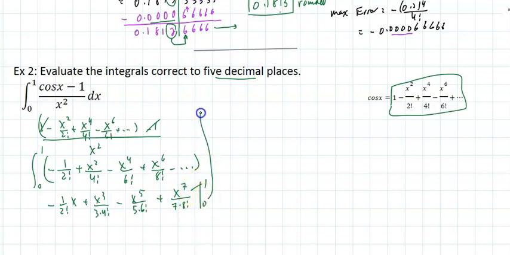If you put the 1 in, you will get negative 1 over 2 factorial plus 1 over 3 times 4 factorial minus 1 over 5 times 6 factorial plus 1 over 7 times 8 factorial, and the list goes on. And if you put a 0, you get a 0. So now I'm trying to figure out how does this work.